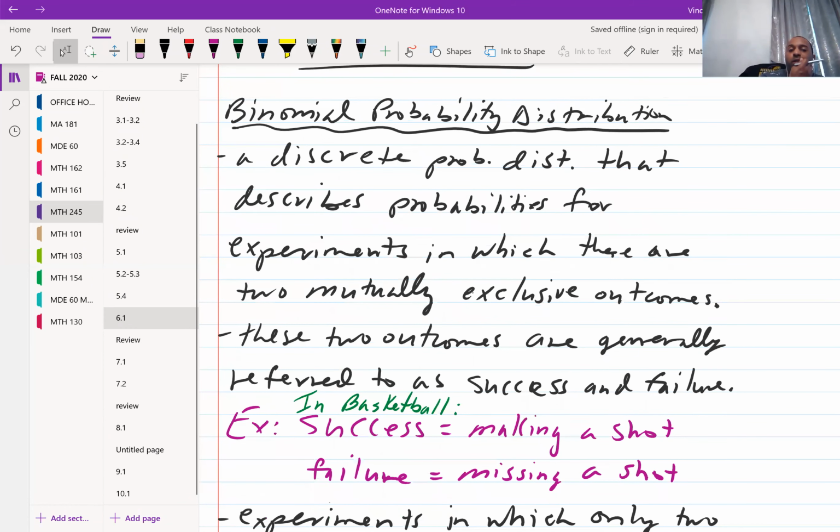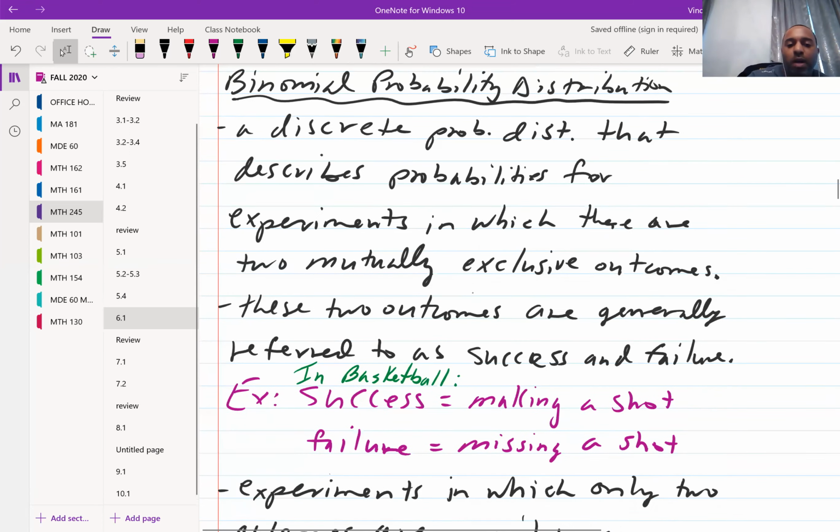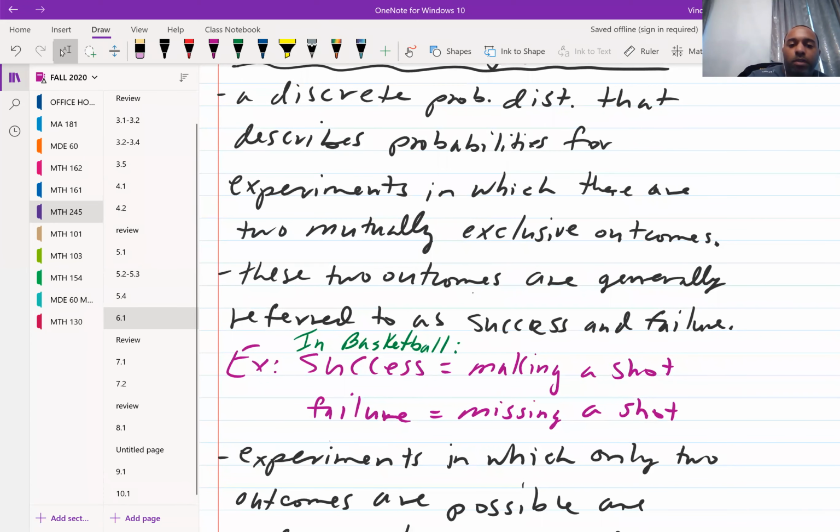So in basketball, as an example, success will be making a shot, failure will be missing a shot. Notice they're mutually exclusive. You can't make a shot and miss the shot at the same time. So either you made the shot or you missed the shot. That's where binomial probability comes into play. That's why it's called binomial. You only have two options, success and failure.